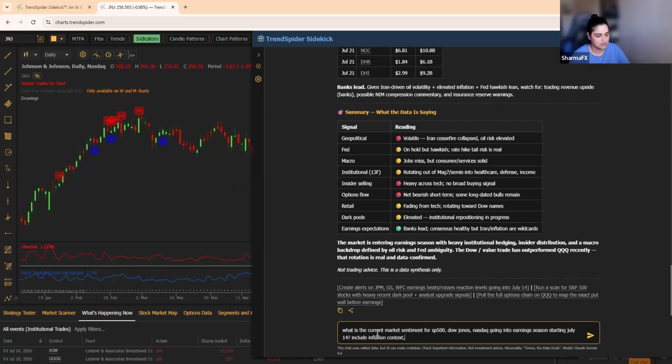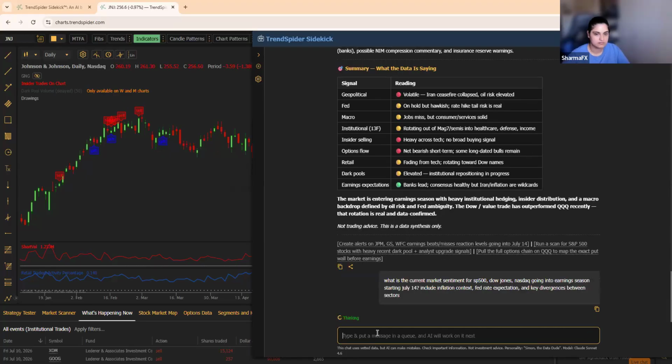It did a little bit here, but go a little bit deeper. Any Fed rate expectations. The reason why this is important is because Fed rate expectations have a direct impact on banks and their profitability. A lot of people don't know that, or sometimes it gets overlooked, but this is important to know as well. And any key divergences between sectors.